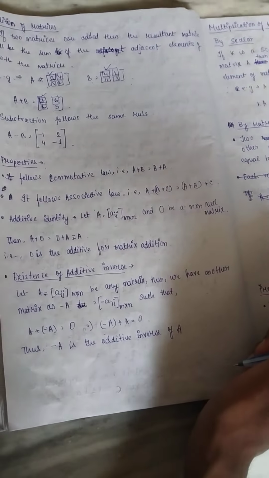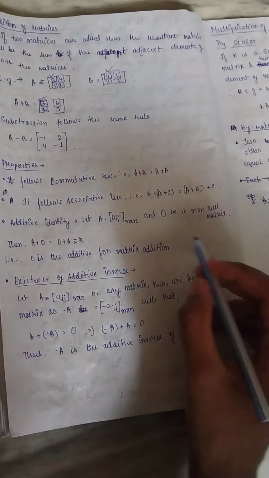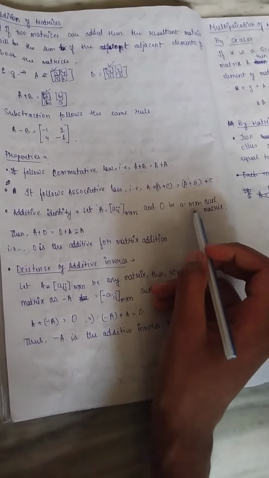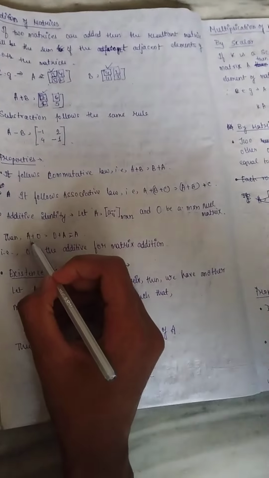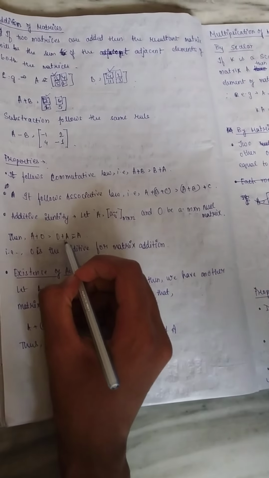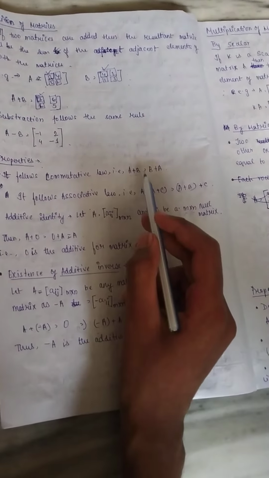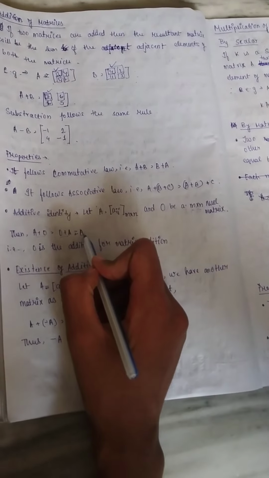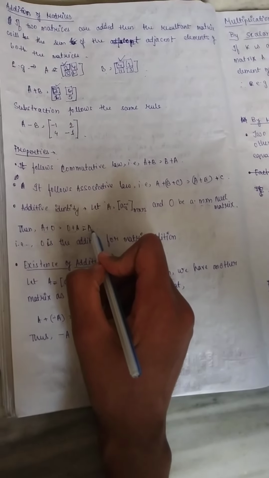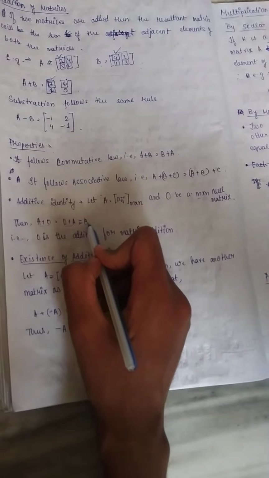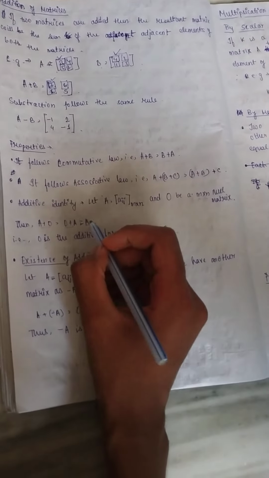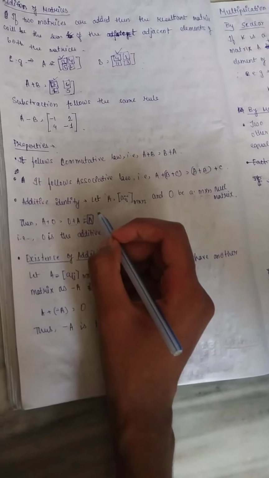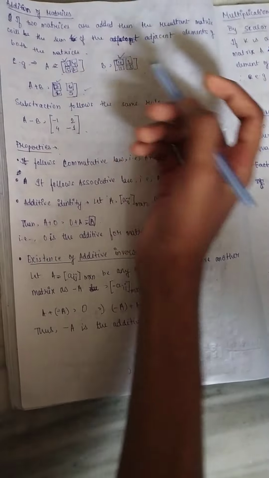Now we come to the additive identity. Suppose A is a matrix of order m by n and O is a null matrix of order m by n. So A plus O is equal to O plus A, because it follows the commutative law, and that is equal to A, because in a null matrix all the elements are 0, so if we add we get the same matrix that we had.